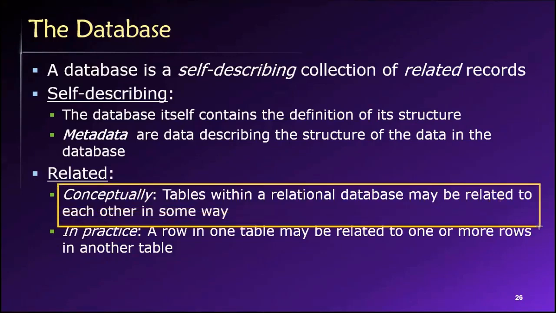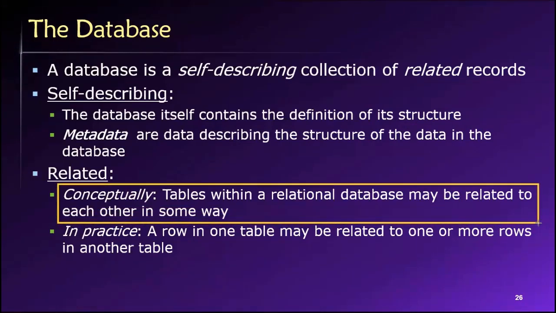Conceptually, when we talk about relationships in a database, we're talking about tables in the database being related to each other. Remember, each table holds information about a single business concept or a single theme. So from a conceptual perspective, relationships are the way in which these concepts are connected.